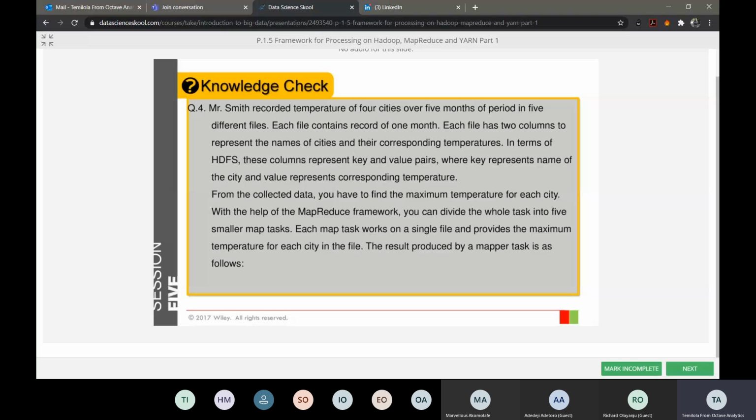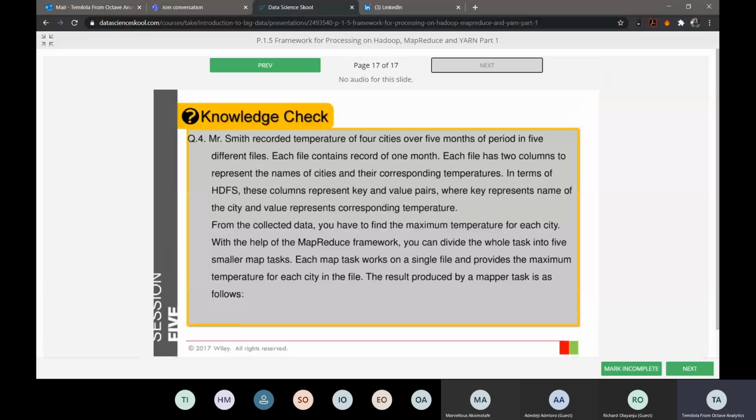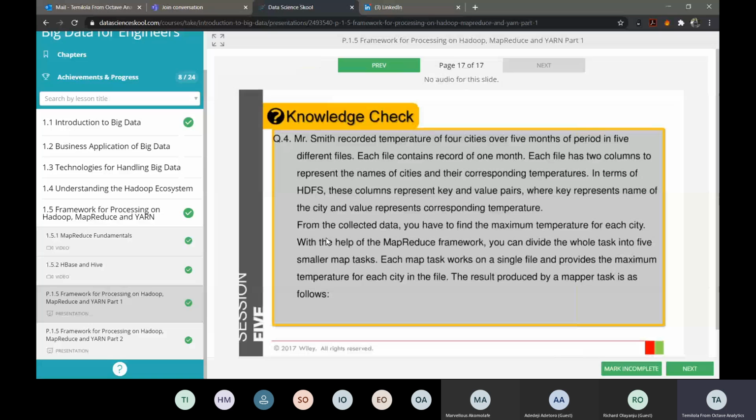That will be the value for Lagos State, summing it up for example. So the result produced by a mapper task is as follows. Just for one mapper task that worked on one file, meaning on the data of 1 month, we have the following result.